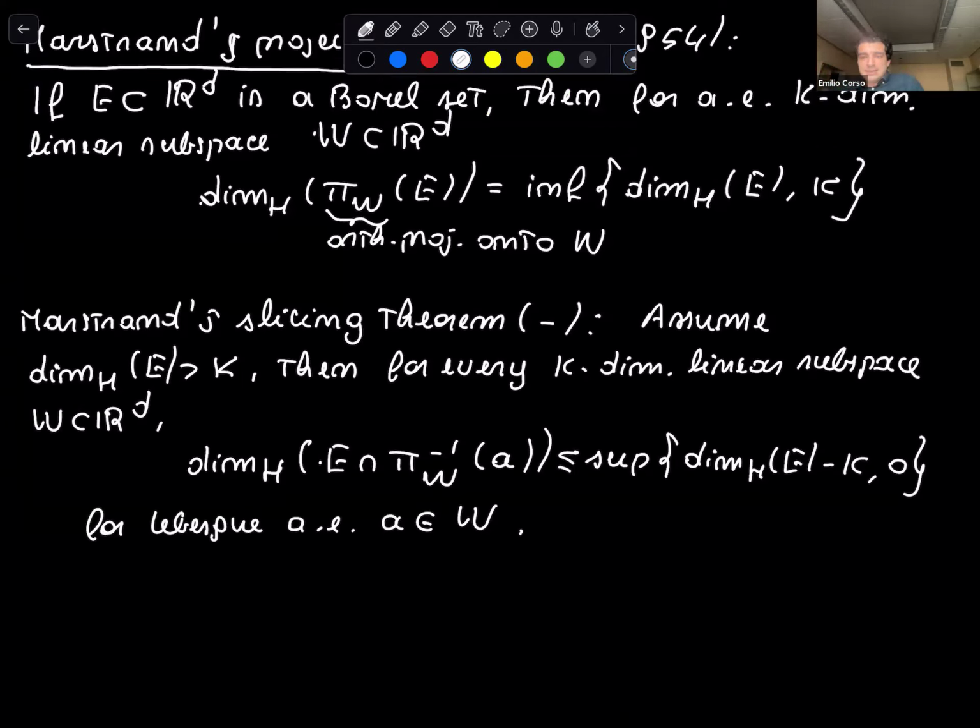These two theorems started a whole line of inquiry in fractal geometry, animated by the principle that if you restrict the class of Borel sets you are looking at, then you should be able to have a better understanding of the set of exceptional parameters, namely those parameters, both in the projection and the slicing theorem, for which the result fails.